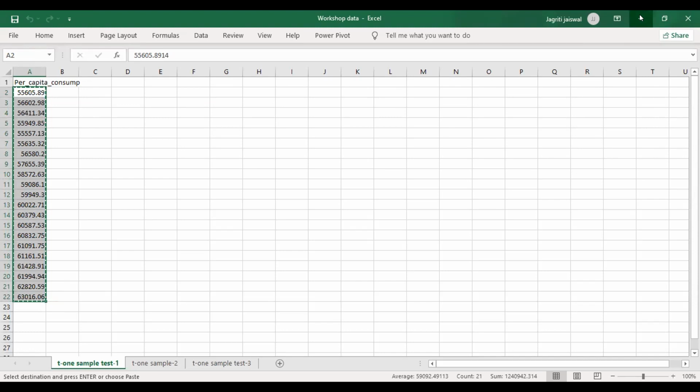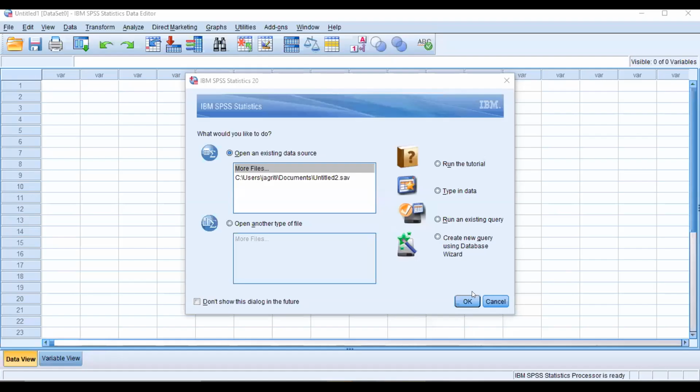Because SPSS is case sensitive and there are lots of things, we should take care of that. The variable name should be without any space. There are lots of things that can create hindrance to getting data imported in this sheet.